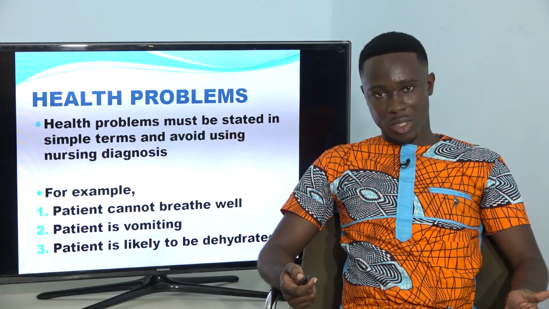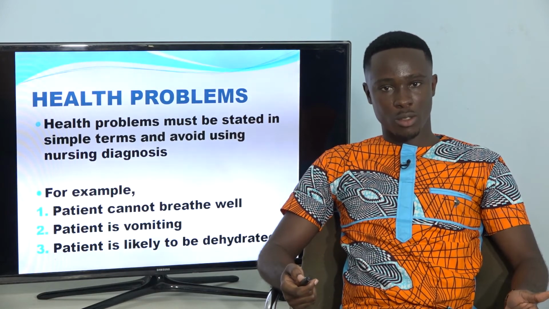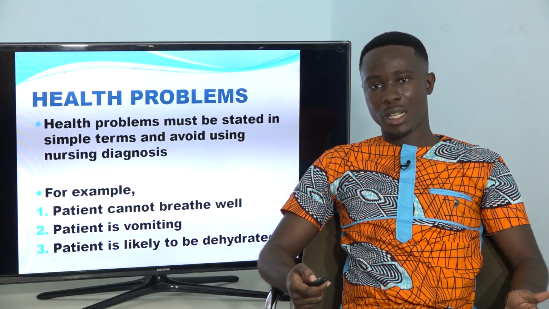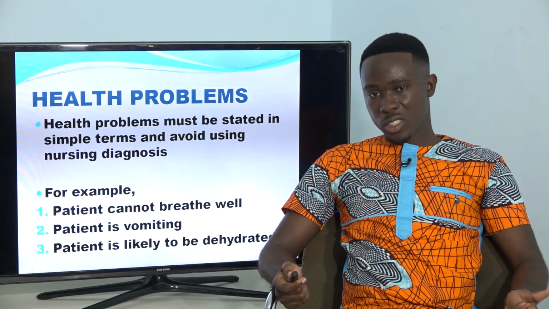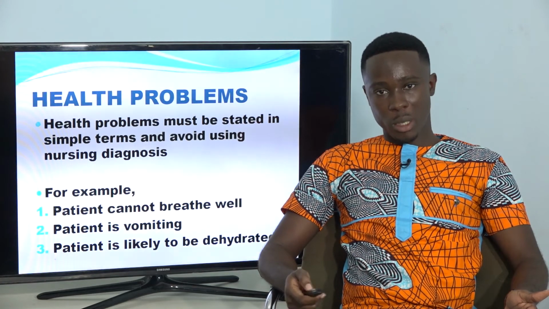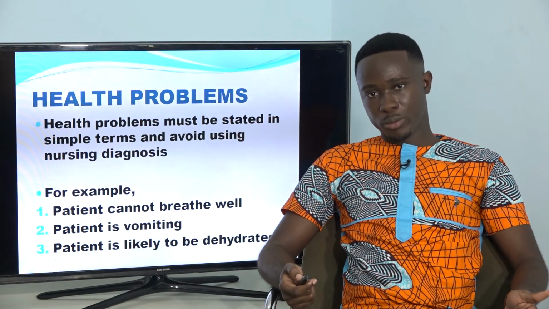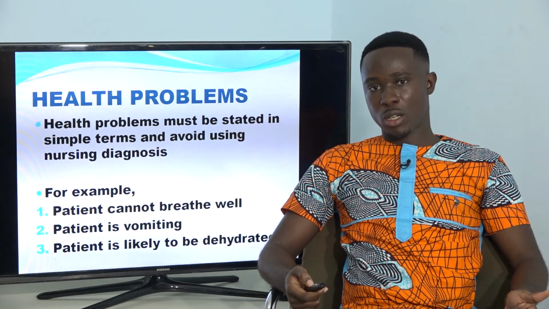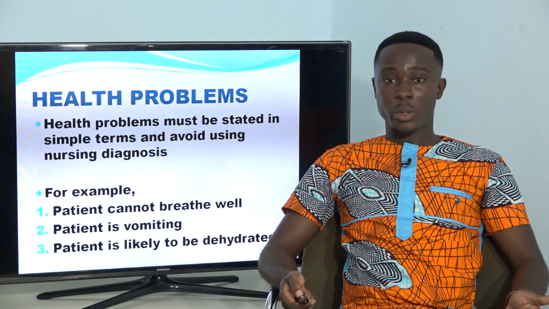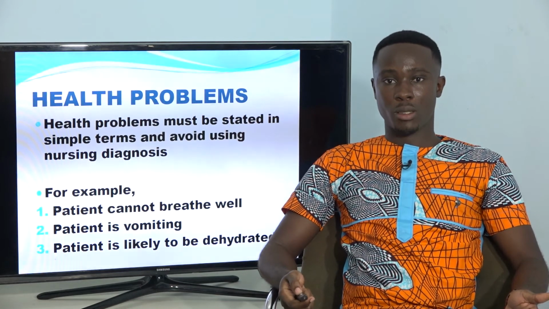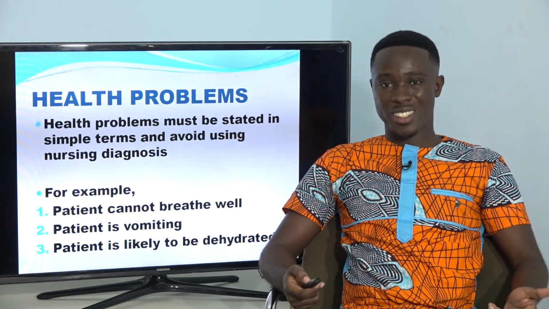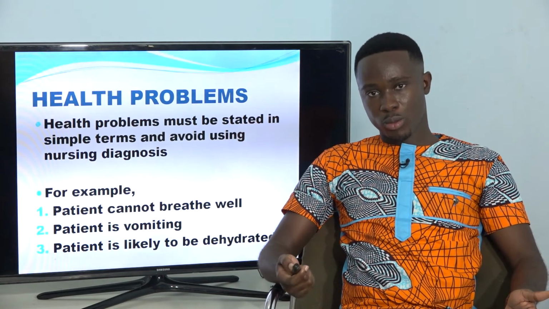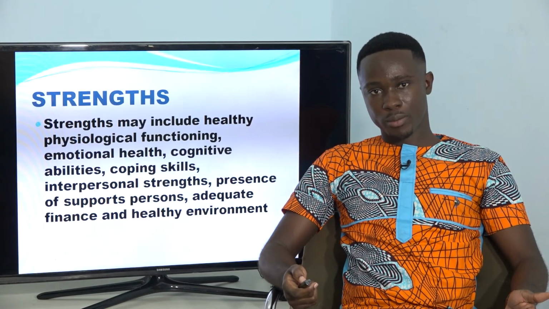As I've stated in the examples: patient cannot breathe well, patient is vomiting, and patient is likely to be dehydrated. Patient is likely to be dehydrated is a potential problem. It hasn't happened yet. That's what makes it potential. But actual problems are when you can see that the patient is indeed vomiting, or indeed dyspneic and cannot breathe well. So you manage these problems.